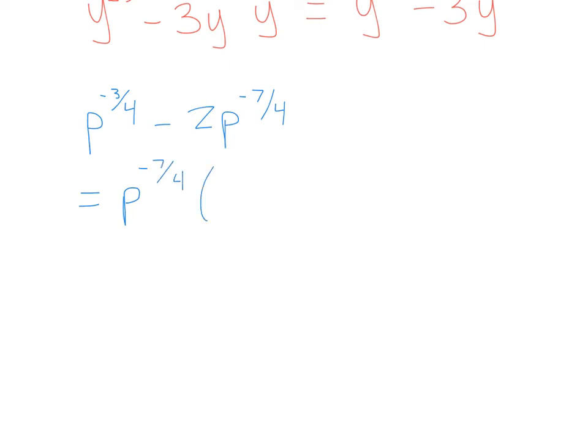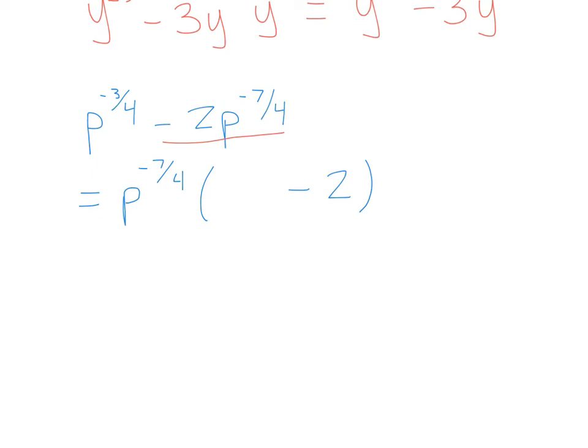So we need to figure out what are the terms that go into that other factor. Okay, let's start off by looking at this term right here. Well, if we take a p to the -7/4 out, what we're going to be left with is the -2. Okay, so that one is easy.